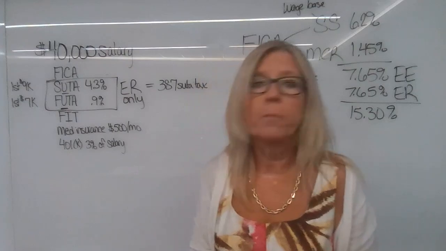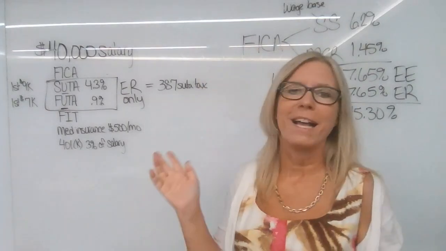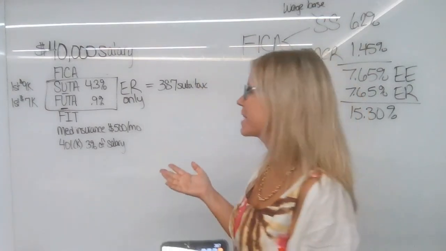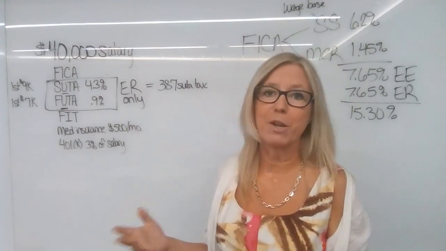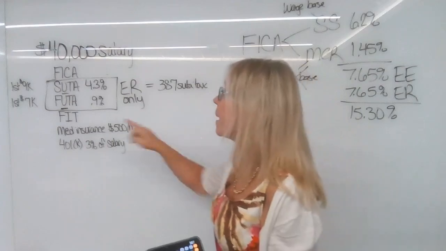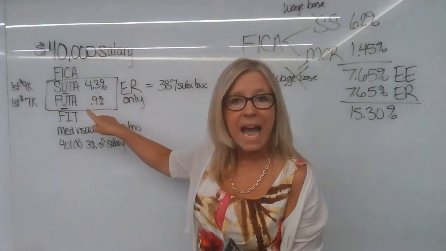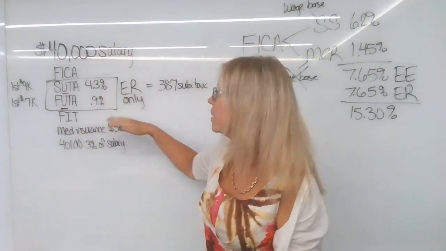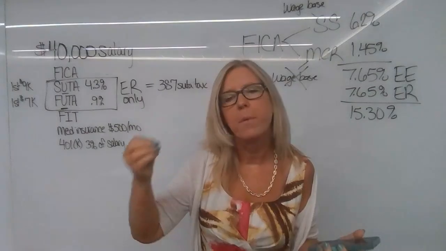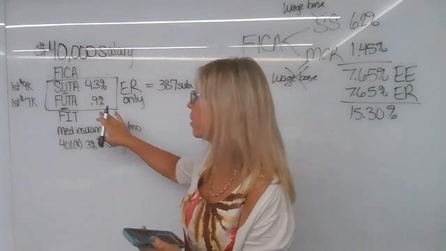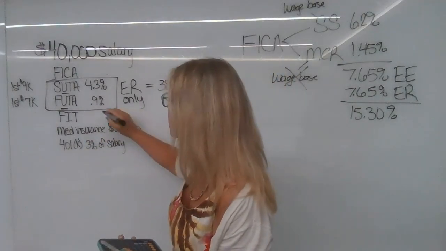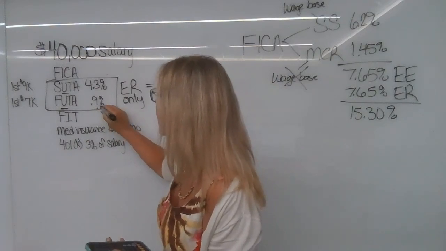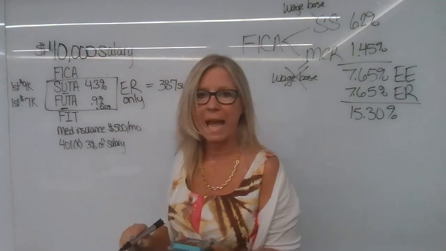Now here's the one where everybody misses, whether it's in my principles class or my tax class. Definitely not everybody, but so many that it makes me sad. This says 0.9%. Y'all know how to work decimals. Nobody gets confused on the 4.3, but for some reason this 0.9% throws people. If it's 0.9%, to turn that to a decimal, we go 0.009.